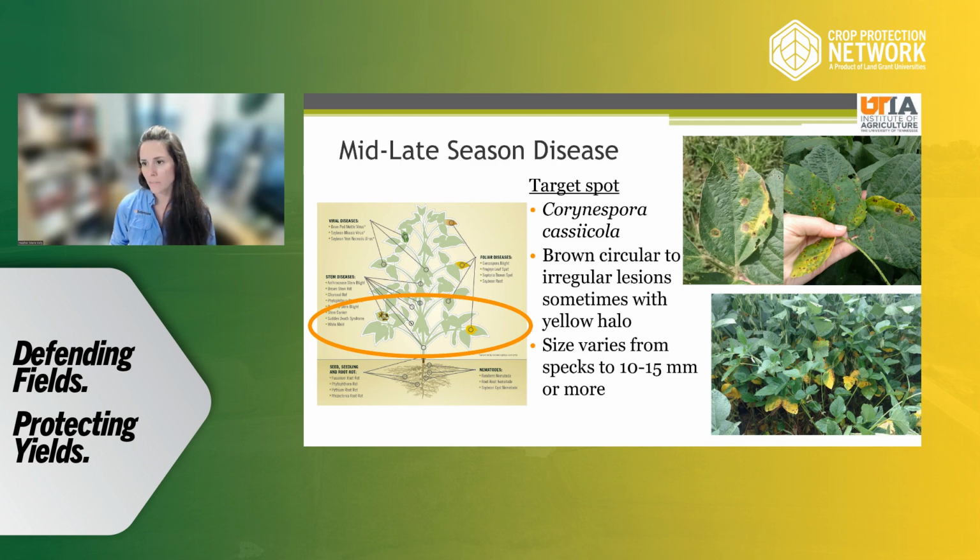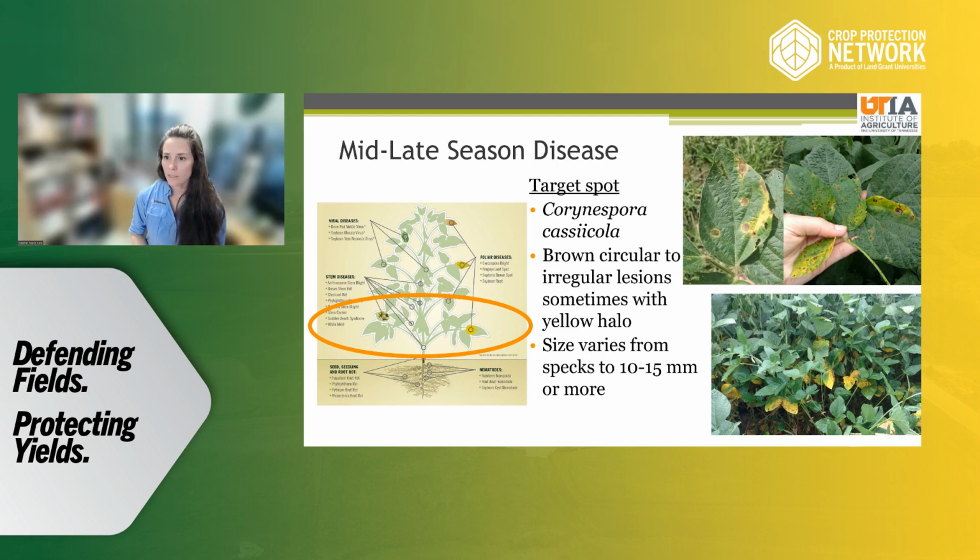And again, the size varies, as early on there can be very small specks, but they rise to being quite large lesions, as pictured here in the right-hand corner. Again, you're focusing on that lower canopy. And be mindful too, a lot of times when we're scouting, you'll have a mixture of multiple diseases out there. A lot of times when I do see target spot, I will also see septoria brown spot mixed in with it.